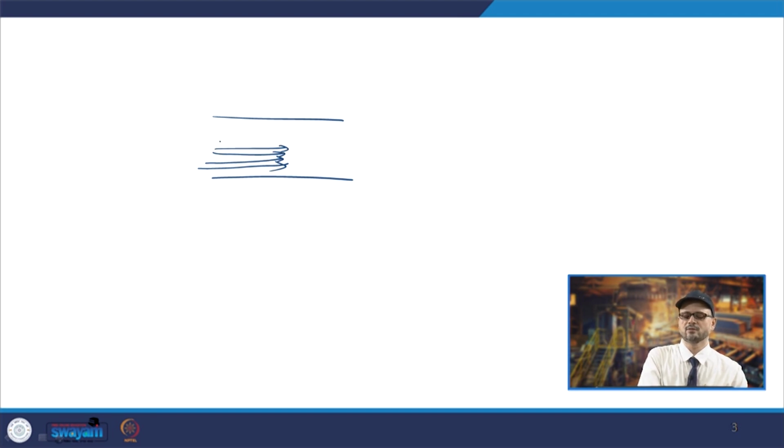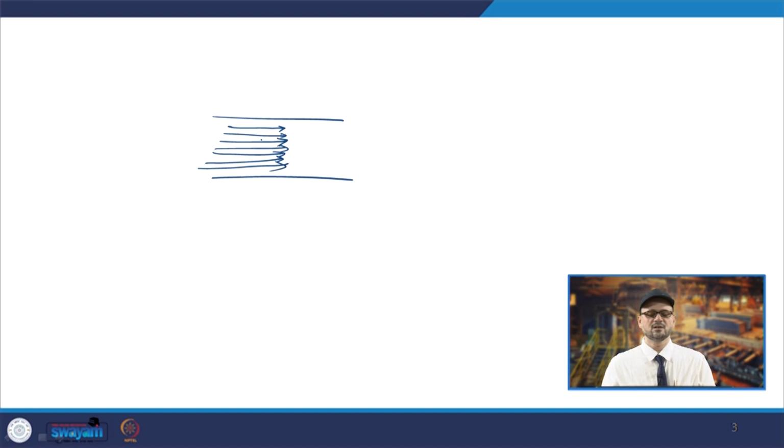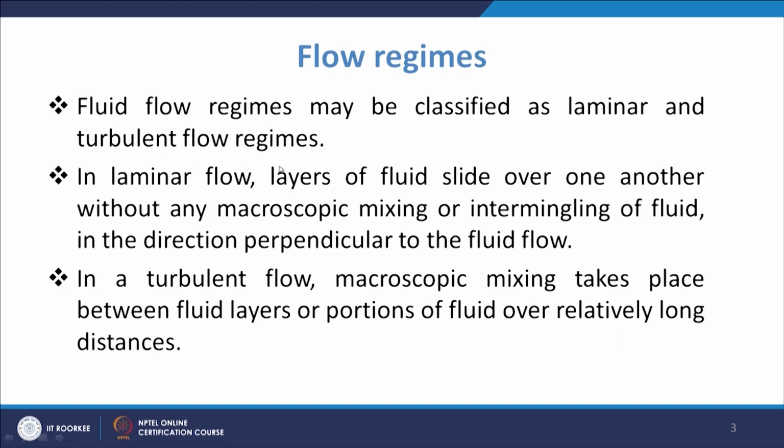This is the laminar flow. As the definition tells, there will not be intermingling of the layers with one another. Whereas in the case of turbulent flow, that is not the case.